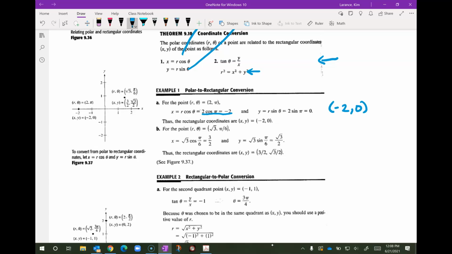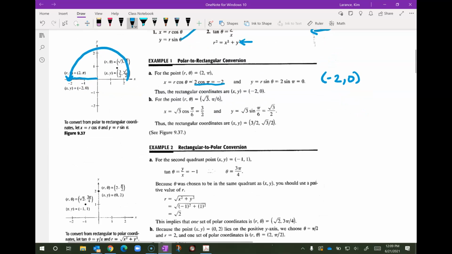And I think you can see that if you rotate pi, which would be here, and you go a distance of 2, that would put you in rectangular form at the point (-2, 0). You get to the same point, you just get to it in a different manner, okay?